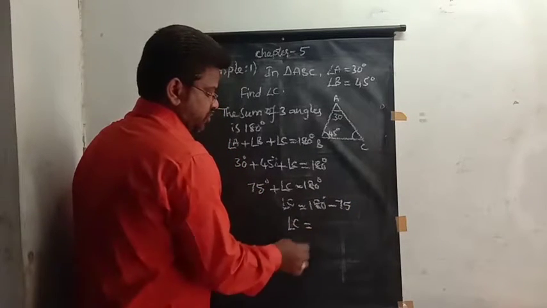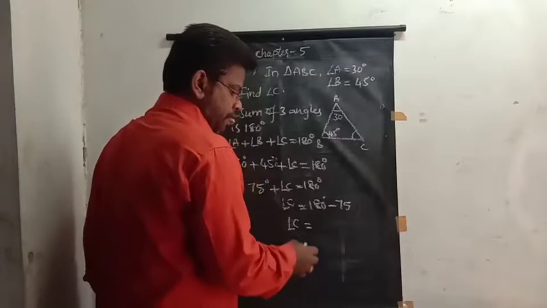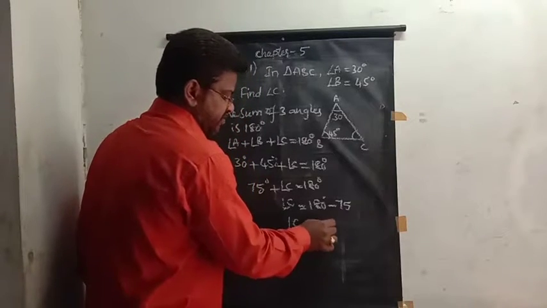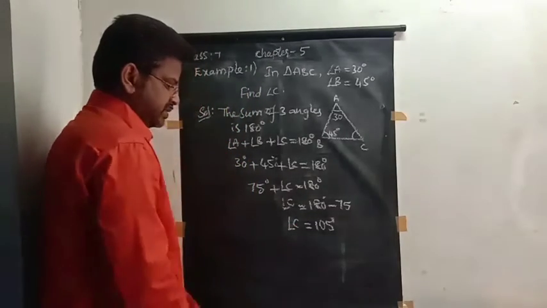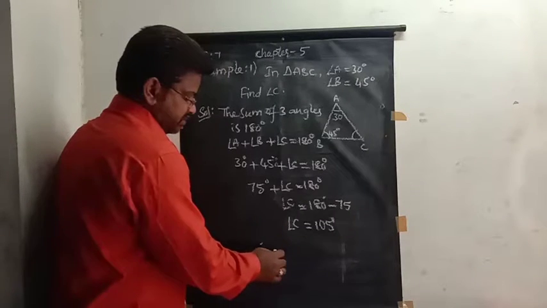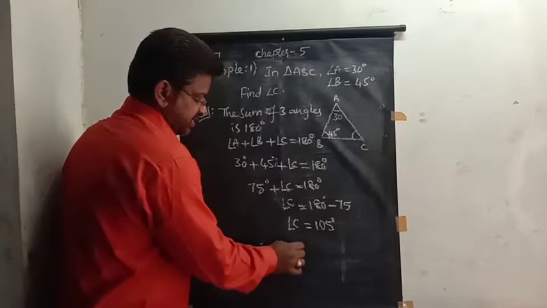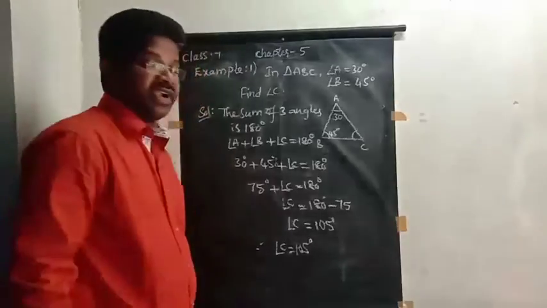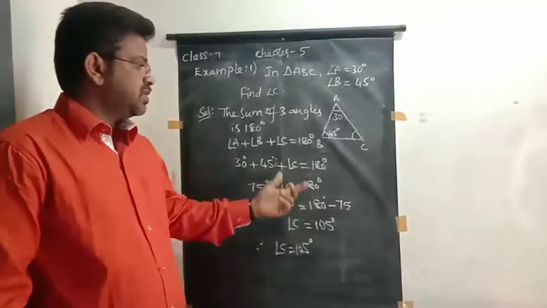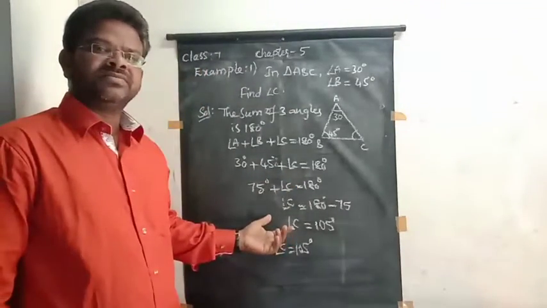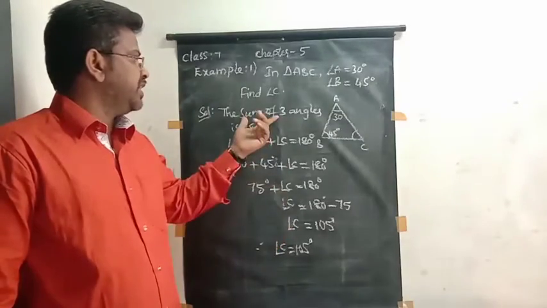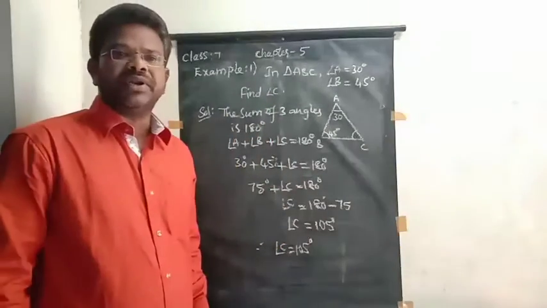Angle C is equal to 105 degrees. So therefore, angle C is equal to 105 degrees. This is all about using the angle sum property.